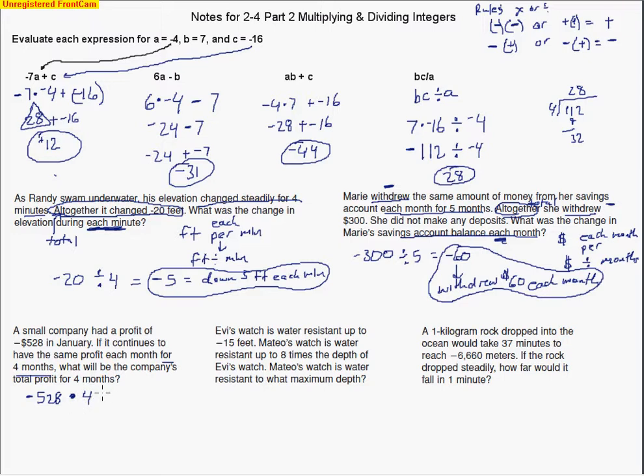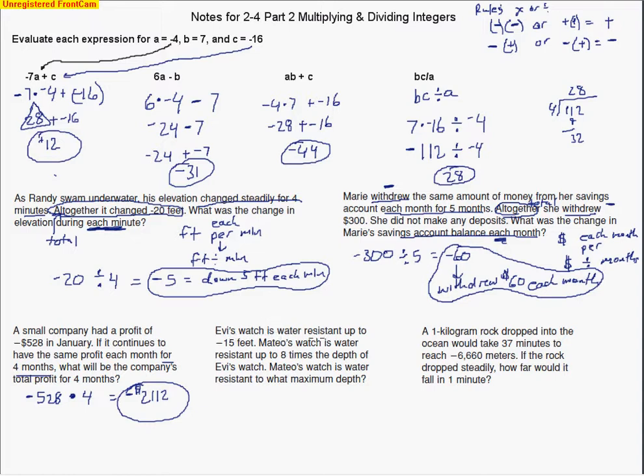And so when we multiply a positive by a negative, we end up with a negative. So it's going to continue being negative. And we do the multiplication, we end up at -$2,112. Or we could say that that was the amount of profit, which means that they ended up decreasing by that amount. And so we'll take a look at the next one.